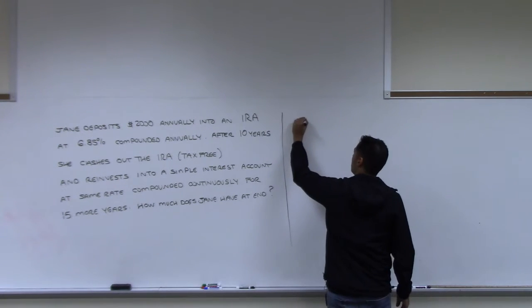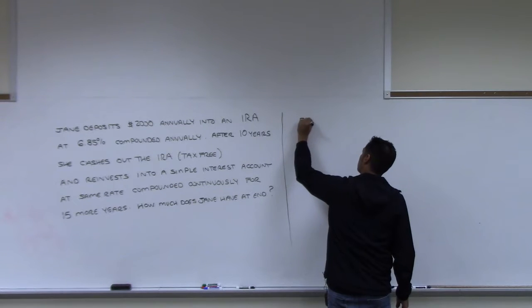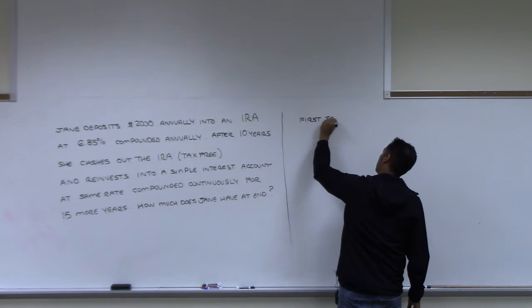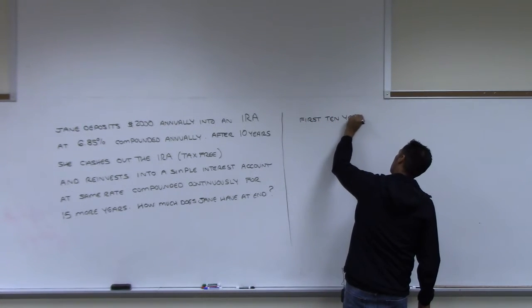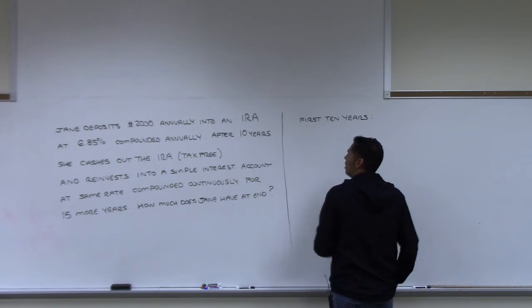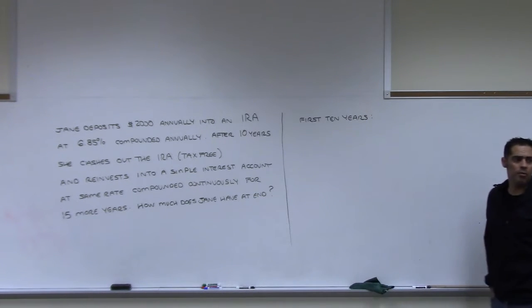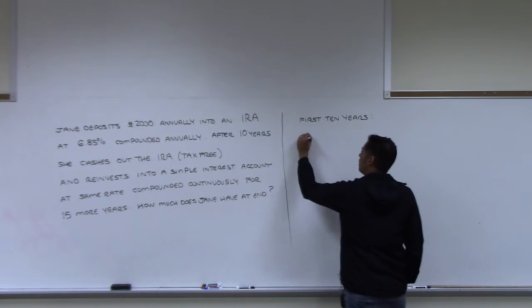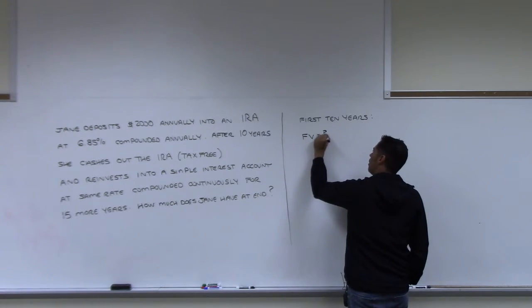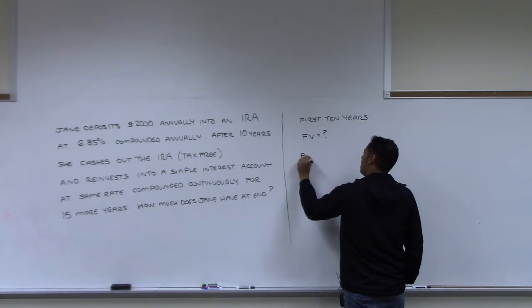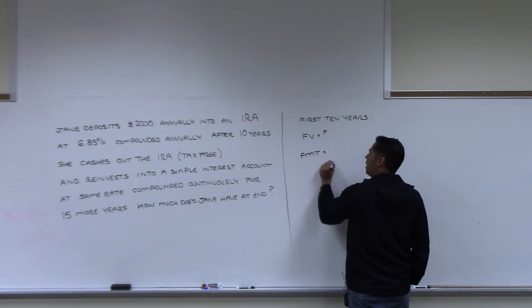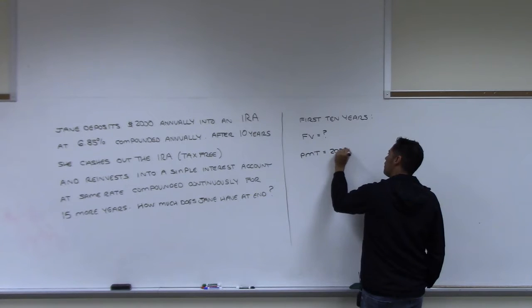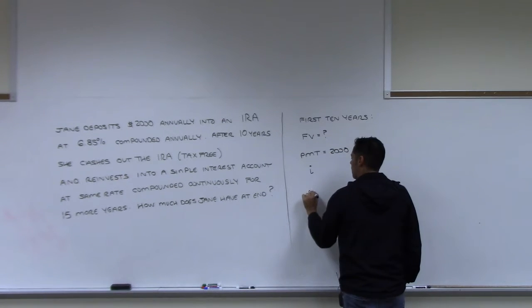Let's look at the first 10 years. For the first 10 years, she's going to be using the future annuity formula to figure out how much she has. So the future value is what we want to know. The payment is $2,000. What is I and what is N here?